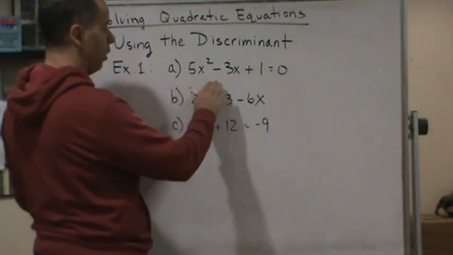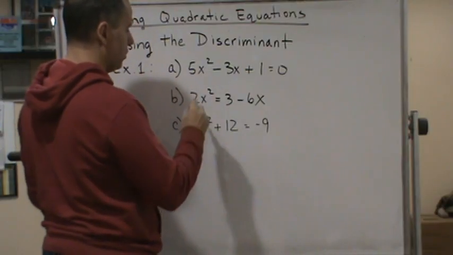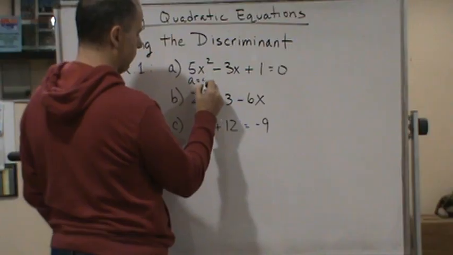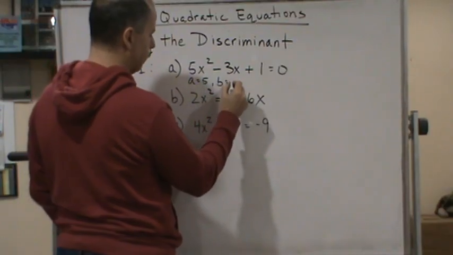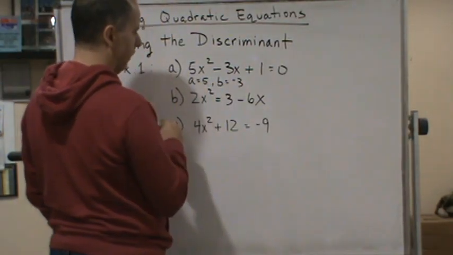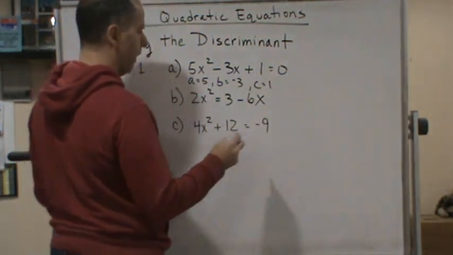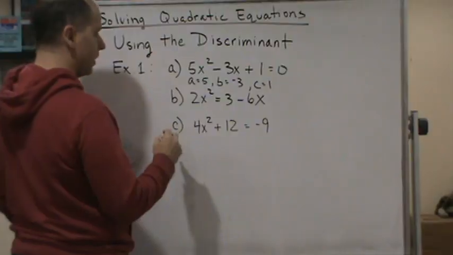Now, part A is already in standard form, so we just have to write out our A, B, and C. A here is equal to 5, B is equal to -3, right? And then C is equal to 1. Now, remember, the discriminant is just what?